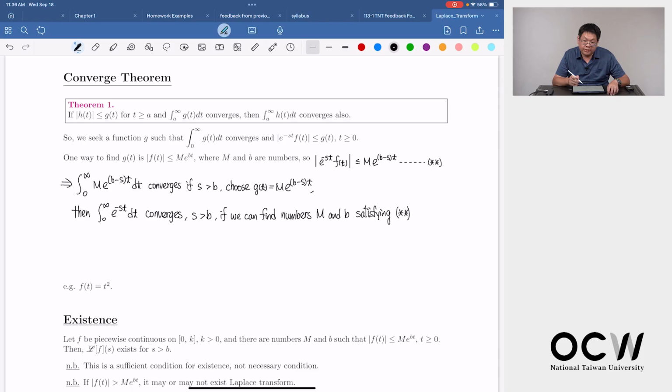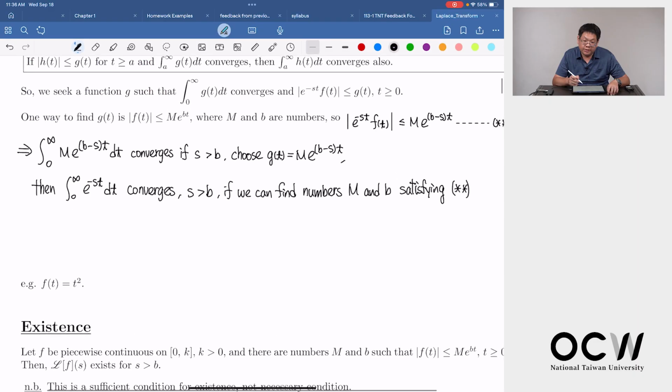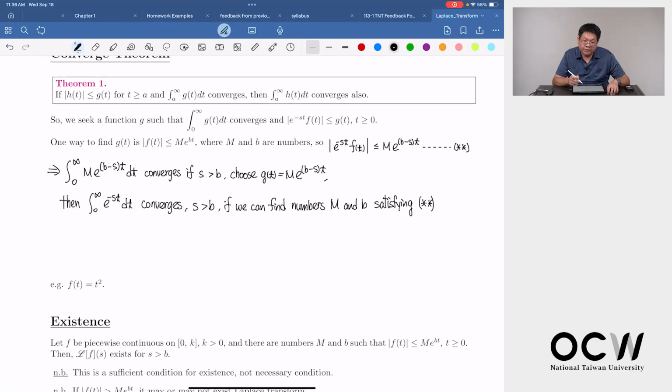If you don't understand that much, that's totally fine. Let's see this example. If I have a function f, which is t squared, I want to know if the integration of f converges or not. In this case, if I can find the M and also b that satisfy this condition, then f converges.